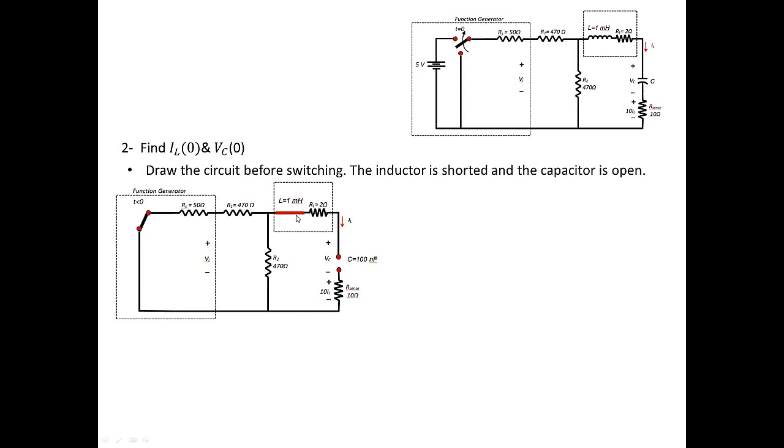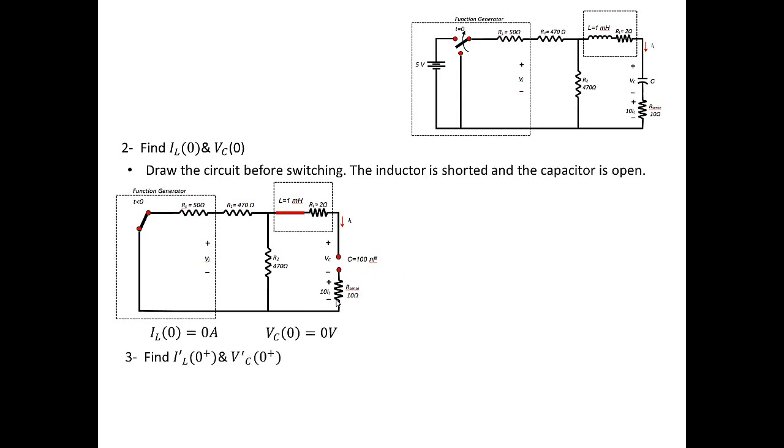The inductor is shorted, and the capacitor is an open circuit. So clearly, because the capacitor is an open circuit, IL will be 0, and because there is no source in the circuit, VC is also going to be 0. So this is very intuitive. IL is 0 amps and VC is 0 volts.